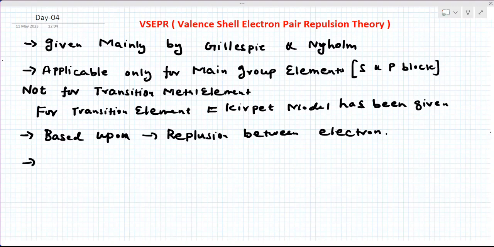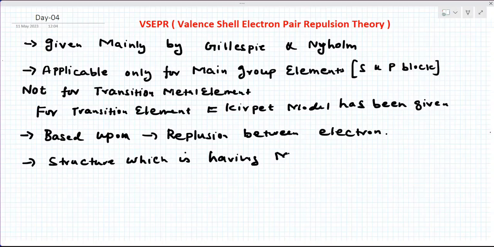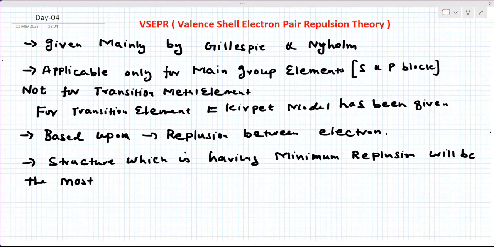The structure or geometry which has the minimum repulsion will be the most stable structure. Very important point. This is most important, and this is also a most important point.